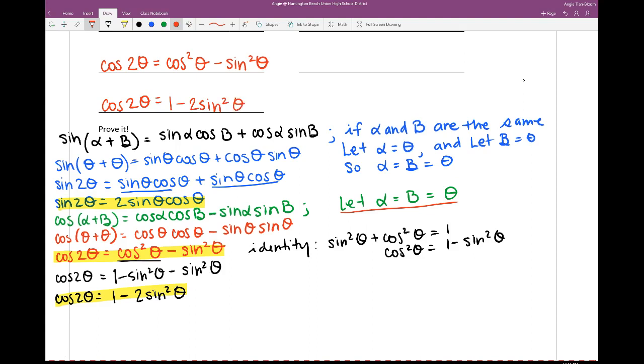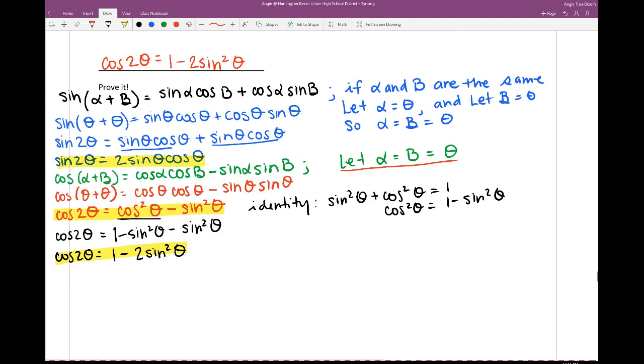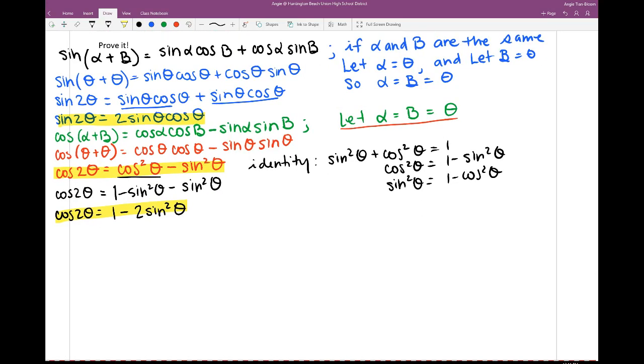Okay. Now, technically, I don't really have to substitute in cosine square. I can technically substitute in sine square. Would you agree? Sine square of theta equals 1 minus cosine square of theta. Okay, so I'm going to do the same thing, right? I'm going to take what we already know: cosine of 2 theta equals, I'm going to keep cosine square of theta, but substitute in sine square is 1 minus cosine square of theta.